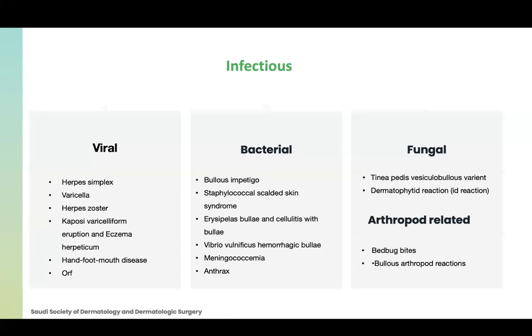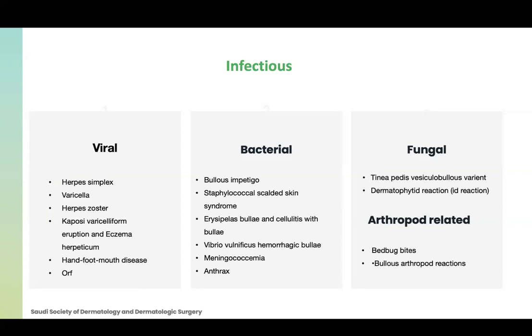Infectious causes of blistering include viral infections, bacterial infection, fungal, some parasitic, and also arthropod related. Some of them primarily present with vesicles, and some of them it's just a variant of presentation. So the most common presentation is not with blisters, but they can present with blisters.